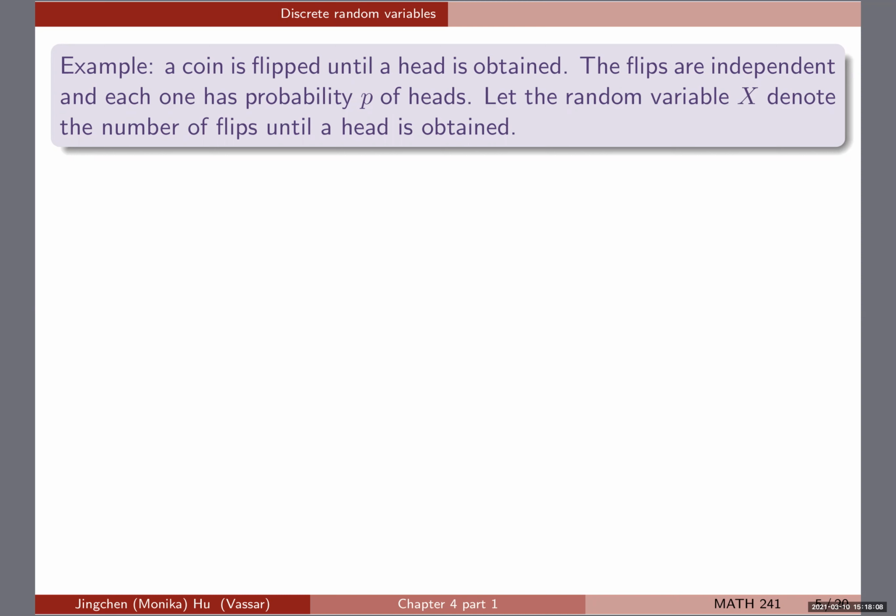So X is the number of flips until a head is obtained. So it's possible that X equals 1. And the probability of that, if we think about it, would just be the probability of getting a head on the first flip, and that will just be P, given that we know the probability of heads is P. So possibly X could also be 2.